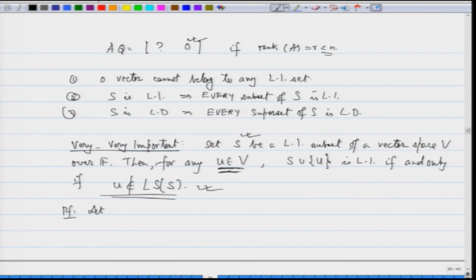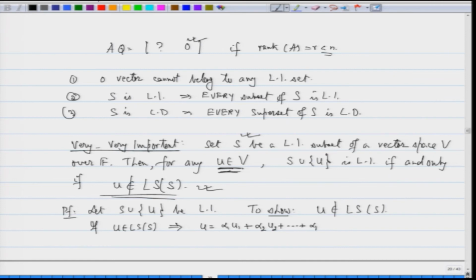So, let S union u be linearly independent. To show u does not belong to the linear span of S. Fine. So, if u belongs to the linear span of S, this implies u is equal to alpha 1 u1 plus alpha 2 u2 plus alpha k uk for some u1, u2, uk belonging to S and alpha 1, alpha 2, alpha k belonging to F. Fine.